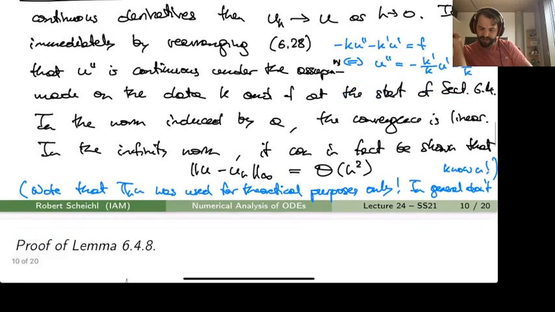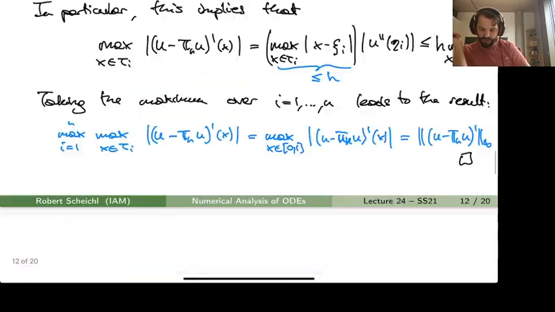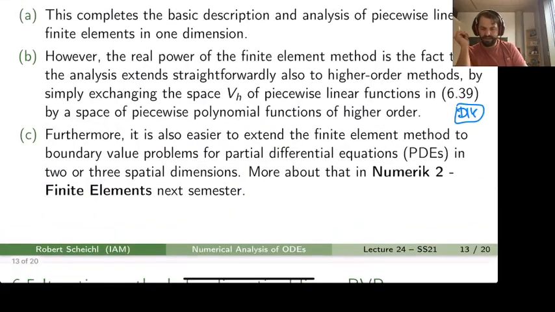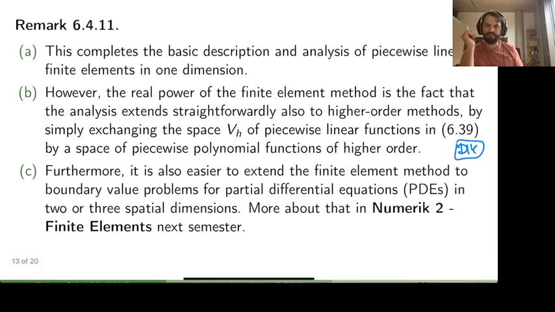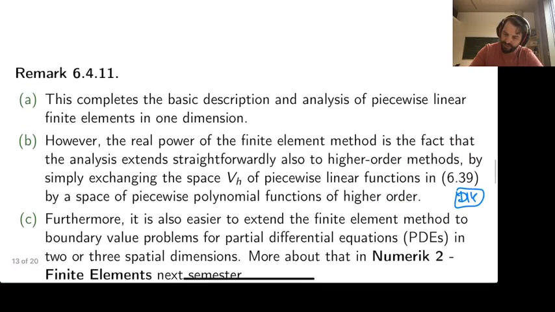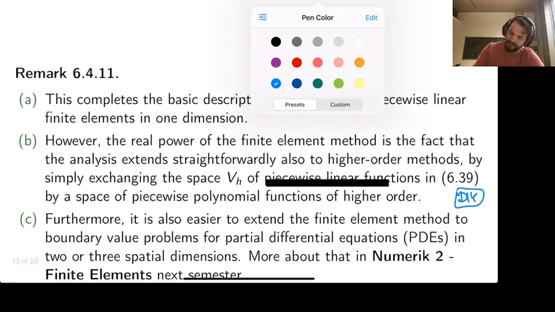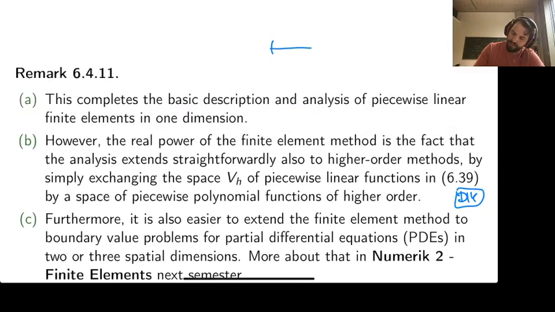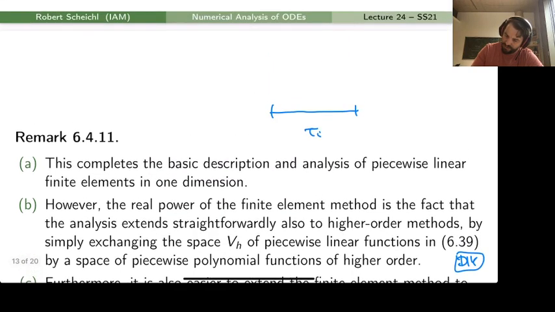So the analysis carries over very straightforwardly to higher order, and the basis functions, I haven't written this down. The basis functions in the quadratic case, let me give you the quadratic case. So in the linear case, on each element tau I, we had basis functions essentially like this.